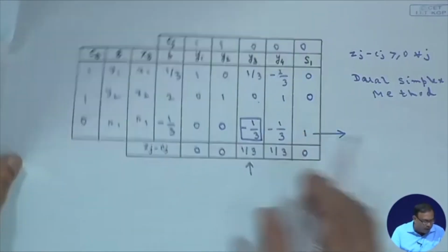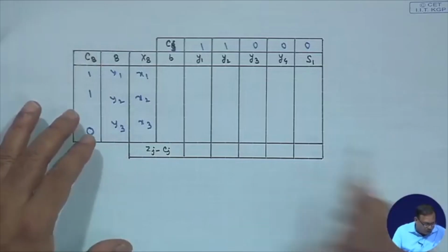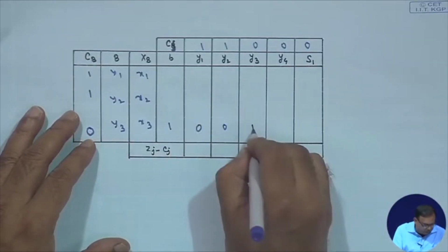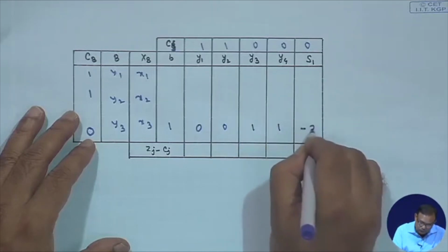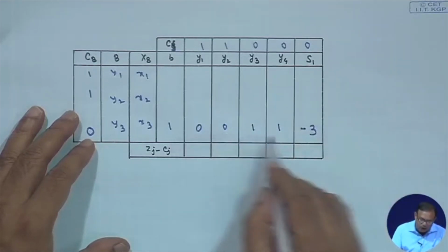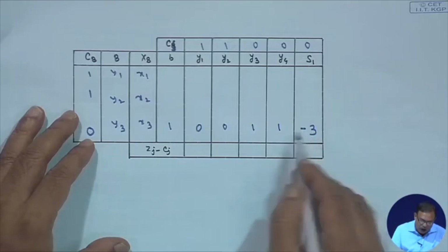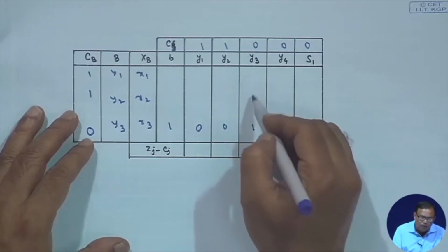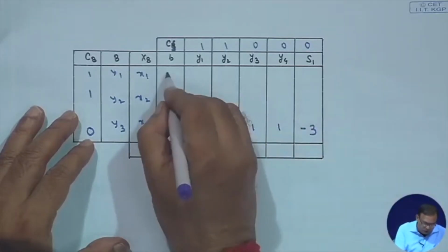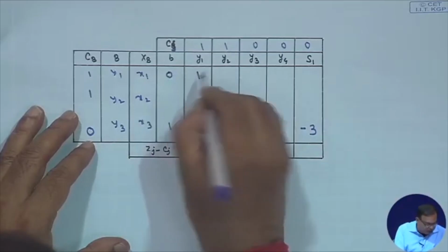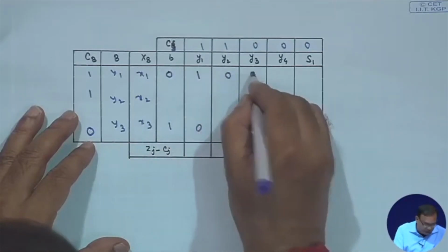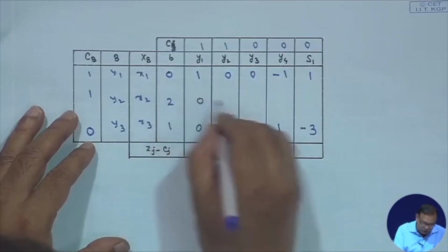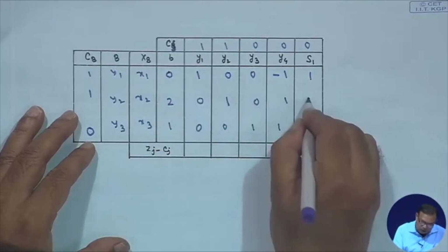After performing the row operations, this will become 1 0 0 1 1 minus 3. I have to make the other elements such that on y3 the components are 0. So, you will obtain in the first row 0 1 0 0 minus 1 1, and for this case you will obtain 2 0 1 0 1 3.